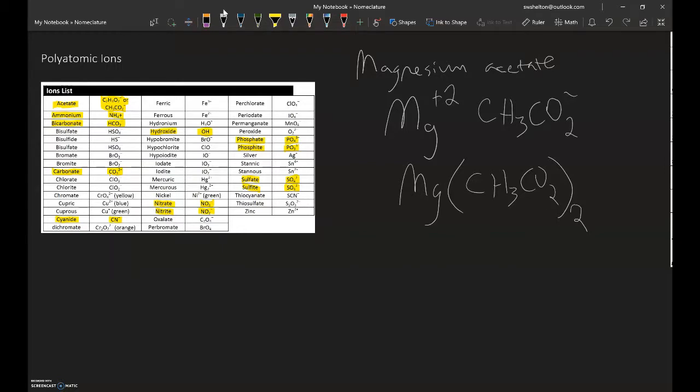And so now naming this is, like I said earlier, very simple. So let's do one and just name this compound. All right, we know that Na is sodium. What is NO3? If we look back at the list, we find NO3, it is right here. And so the way we would name this is sodium nitrate.